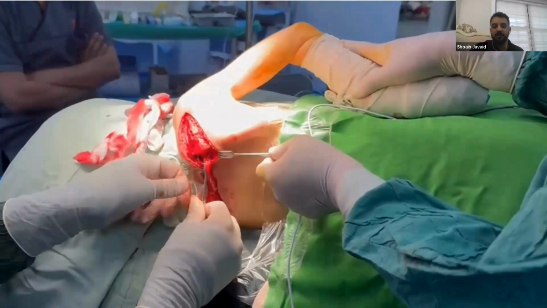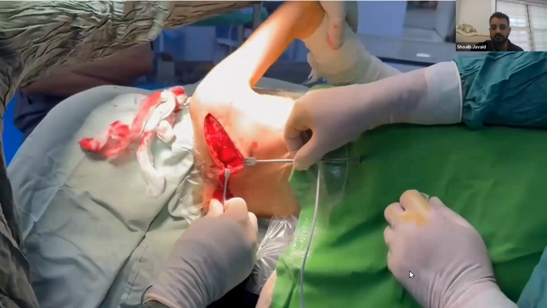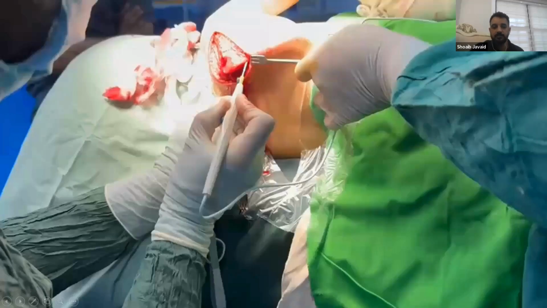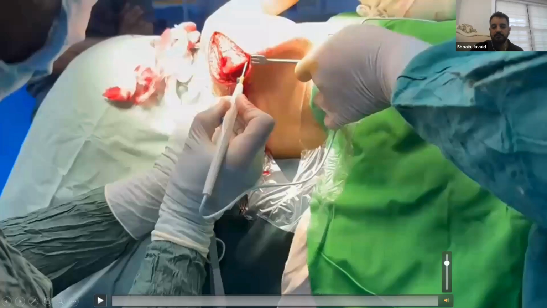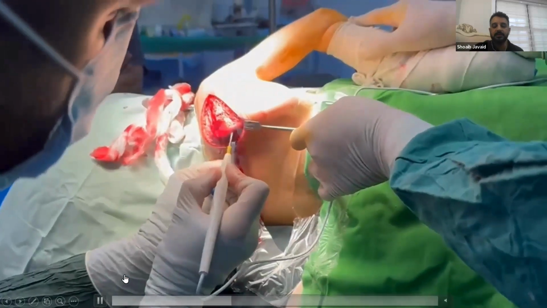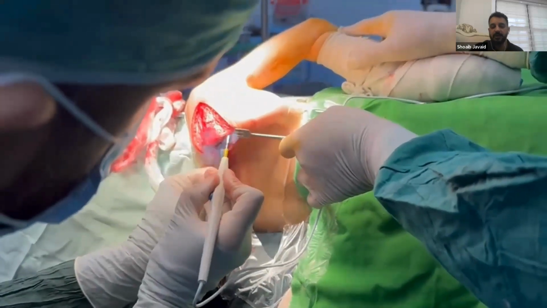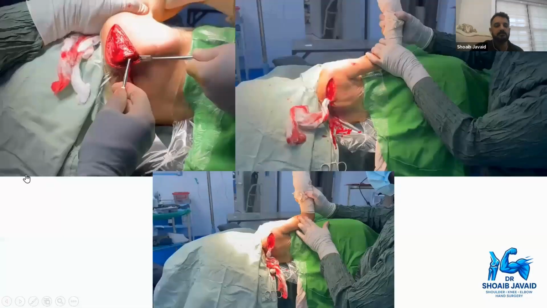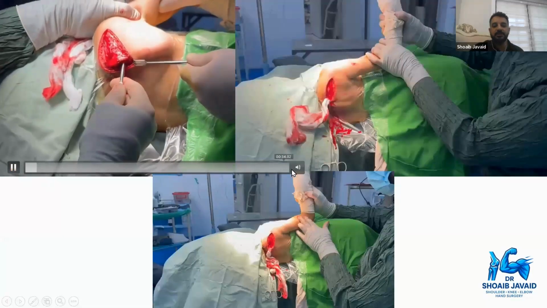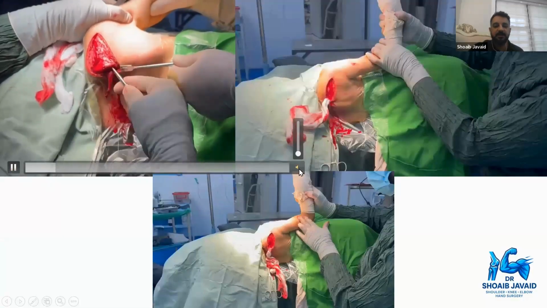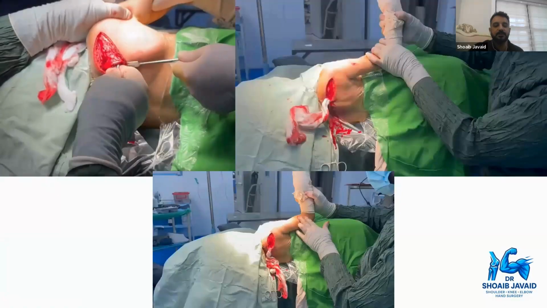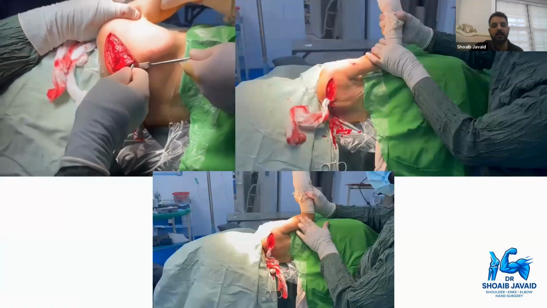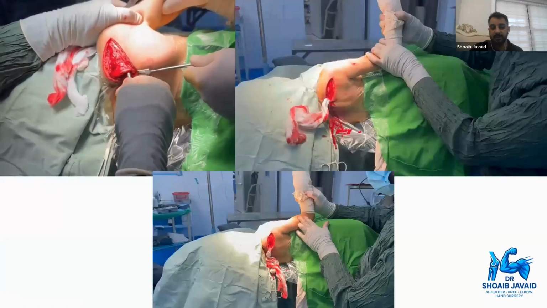This way, the medial border of the scapula gets elevated.